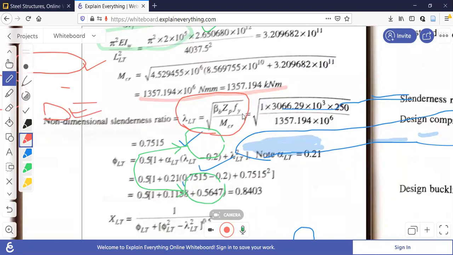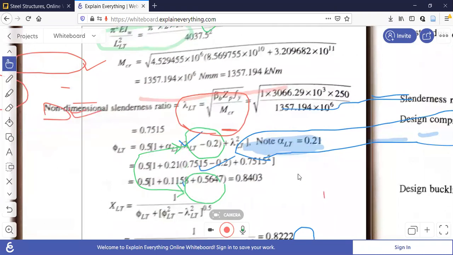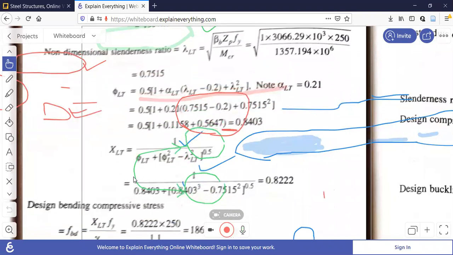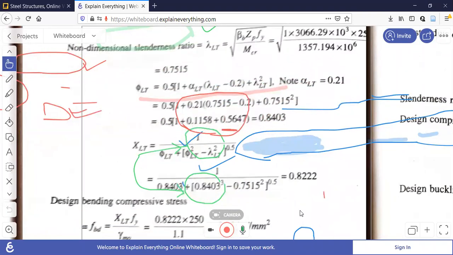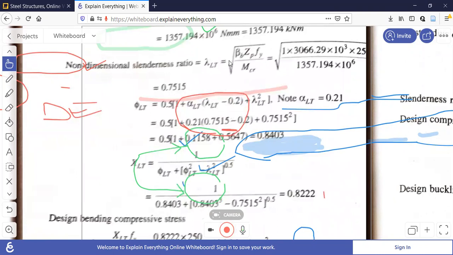Here, after finding MCR, I am going to use MCR. See this. I am going to find lambda LT, phi LT, then chi LT. After finding chi LT, I don't think I need to explain this one now.